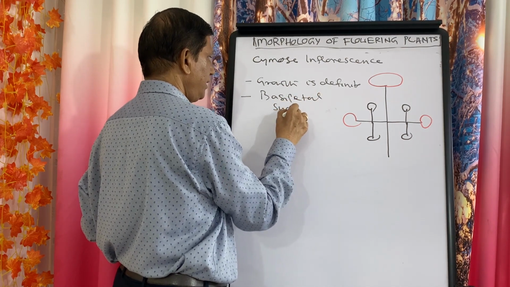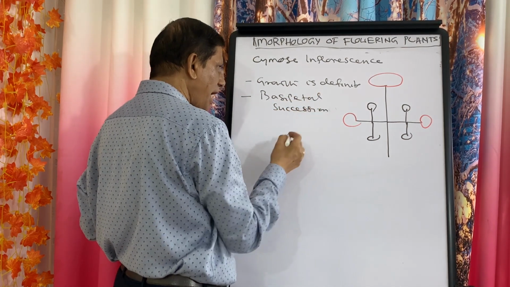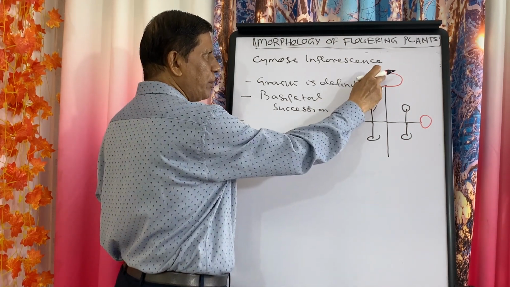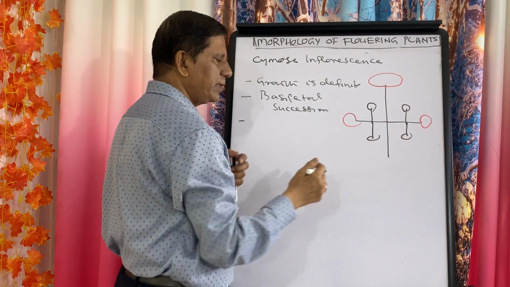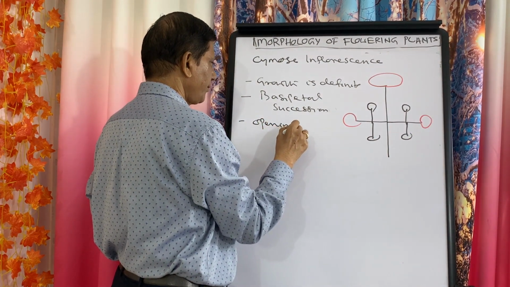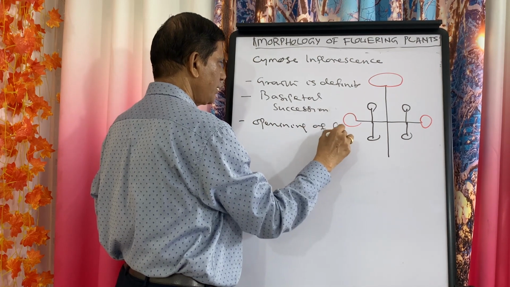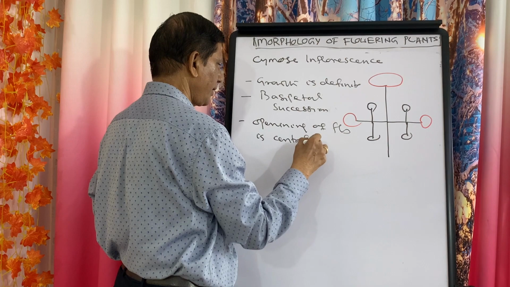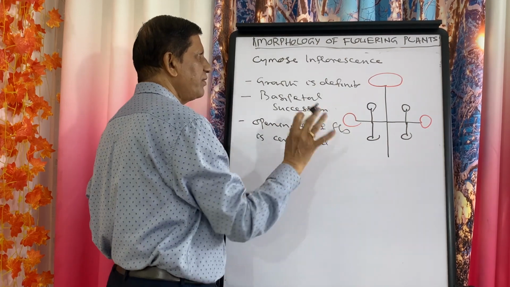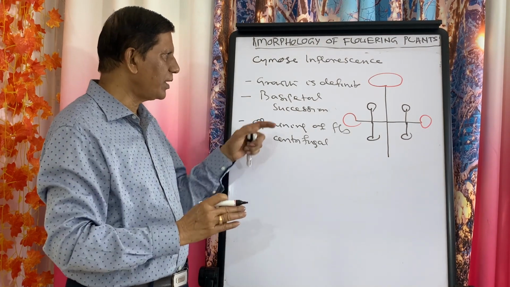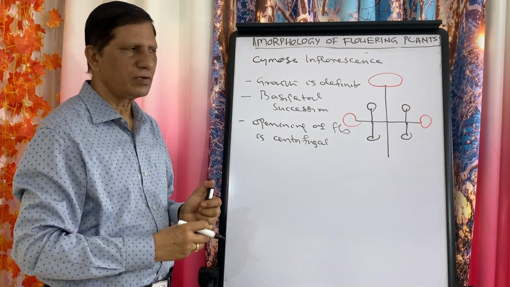And when the flowers open, this is the oldest flower, it will open first, then these flowers will open. That means the opening of flowers is centrifugal. These are the major differences between the racemose type and cymose type, while the reverse characters are found in racemose.